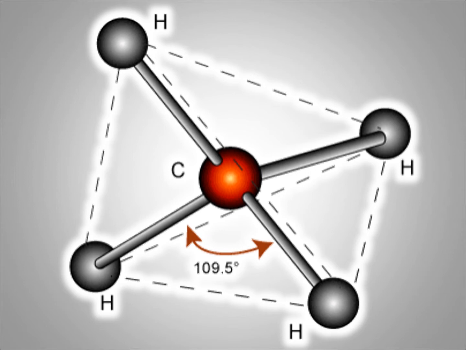So 109.5 is the angle between any two adjacent bonds in the tetrahedron, okay? And they're all kind of adjacent because of the geometry. So a 109.5 degree angle doesn't sound good, but that is good. That's as far apart as four pairs of electrons can get from each other in three-dimensional space.